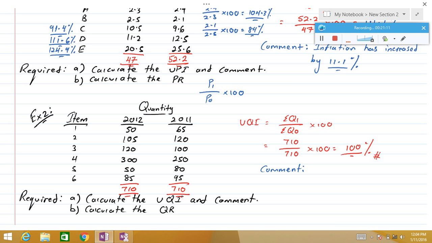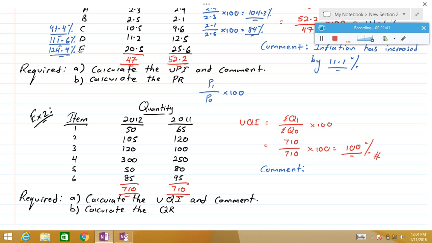Remember, this formula is just to calculate increase or decrease. Remember that always. But inflation is there. But inflation didn't change. From 2011 to 2012, it's still the same. Okay, still the same. Remember. So your comment should be what? Unchanged. Okay, or does not change. Maintain? Can, but it's too simple. Put in a nice word.